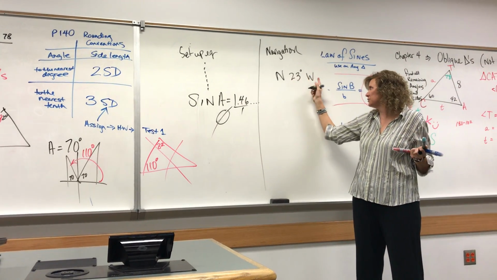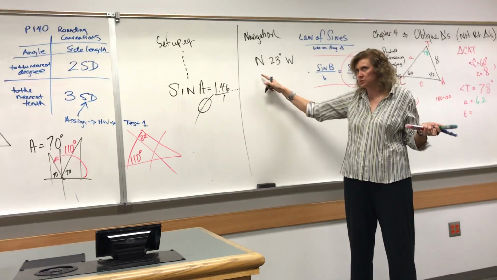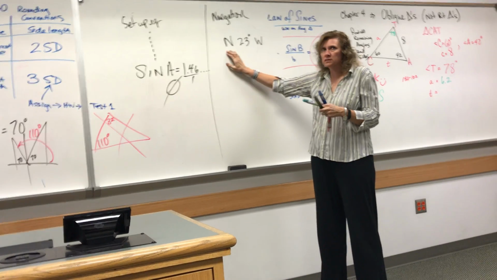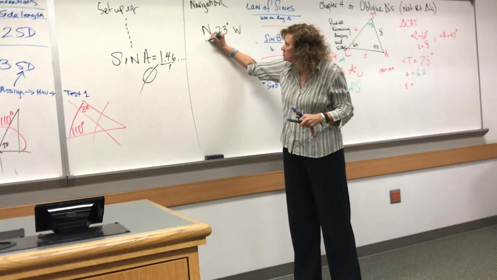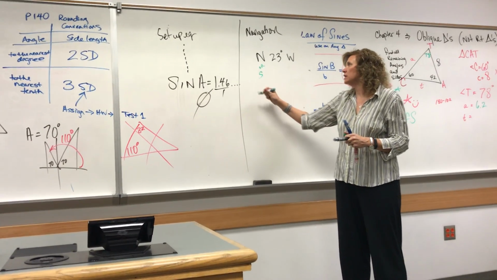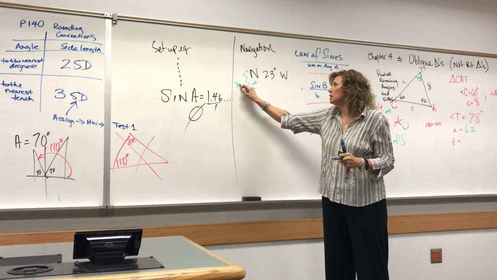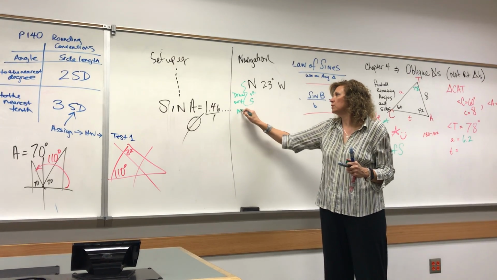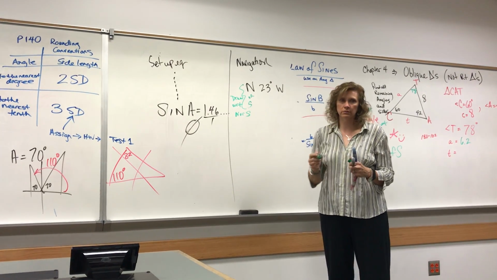I like to say 23 degrees west of north, but other people just say north 23 degrees west. You are always going to have north or south up front, and we are always going to draw with respect to north or south.